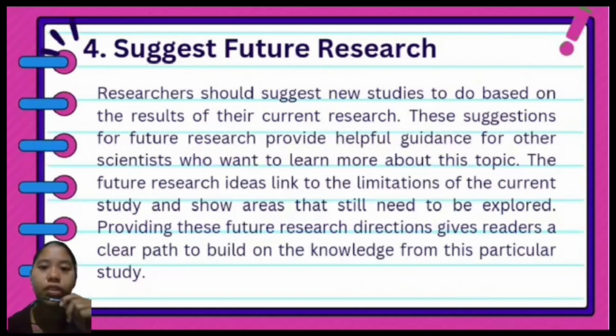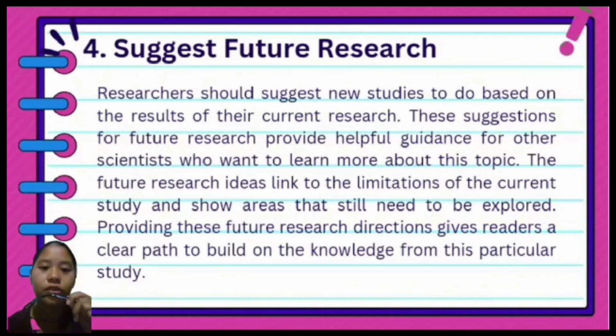Researchers should suggest new studies based on their current research, providing guidance for future studies and highlighting areas for exploration, while also highlighting limitations and providing a clear path for further learning. So here, when researchers finish a study, they should include some ideas for what kind of new research should be done next. These suggestions for future research are important because they point out areas that still need more investigation based on the results of the current study.